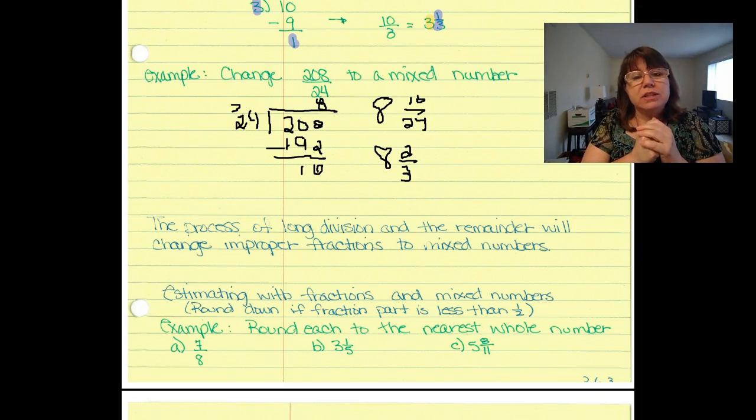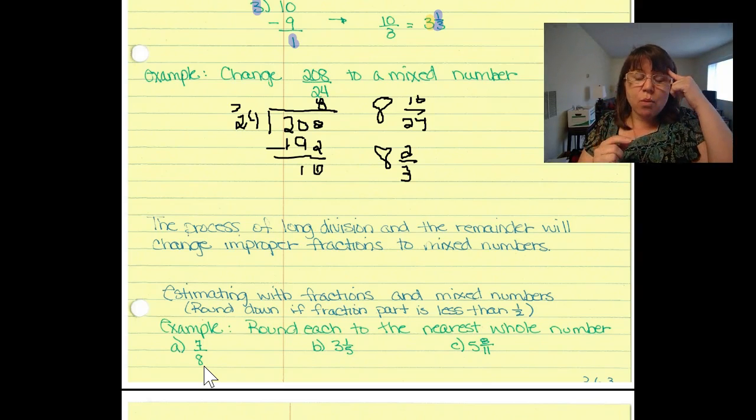With fractions, we want to look at the numerator, but we also want to take into consideration the denominator. The denominator tells us what the halfway point is. For example, our first one of 7/8. What is the midway point from 0 to 8? Well, 3 plus 3 is 6, 4 plus 4 is 8. 4 is the halfway point from 0 to 8. So I'm going to think about that 4.